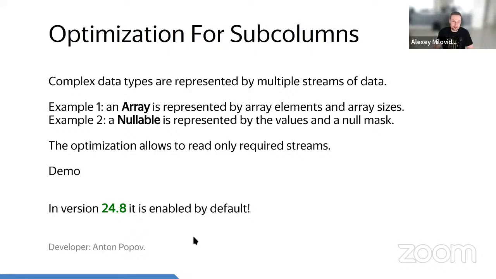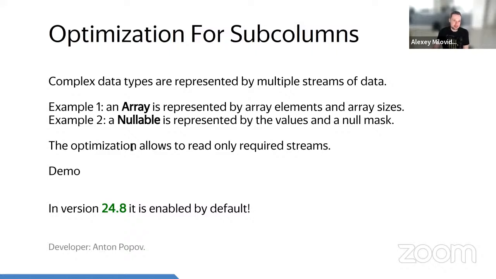What are subcolumns? Whenever there is a complex data type like array, tuple, or nullable, and complex data types can also be recursively nested, like array of array, array of tuple, etc., they are represented not by a single file or a single stream of data, but by multiple streams of data.